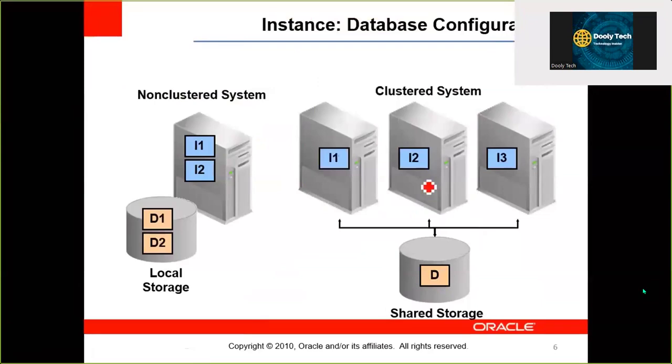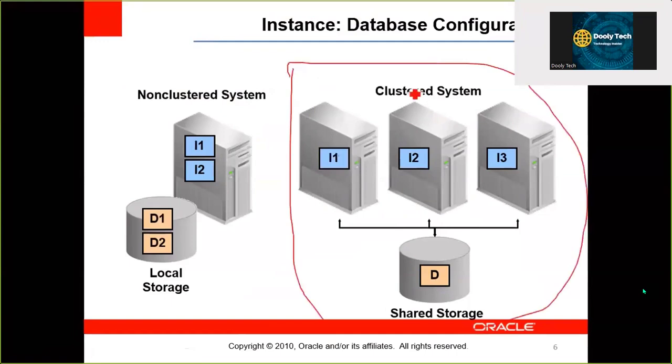But that can happen. All are in one data center, and there is a fire or flood in the data center. Then what we will have is a similar replica in another geography, another country itself. That is called Data Guard.